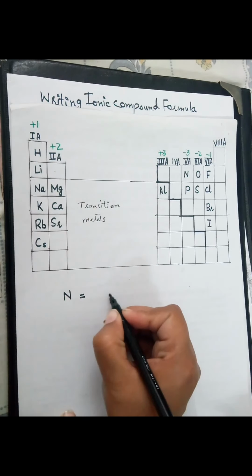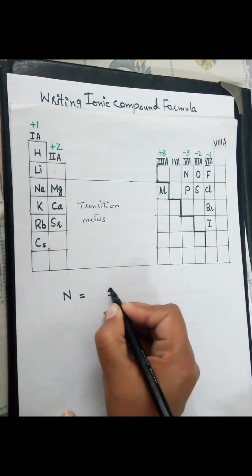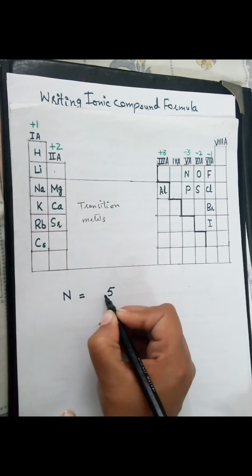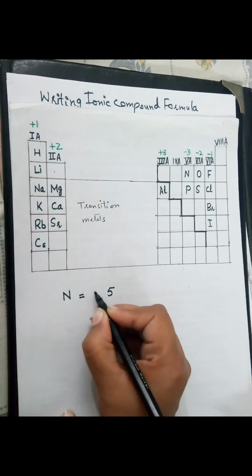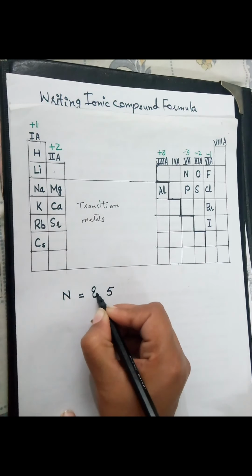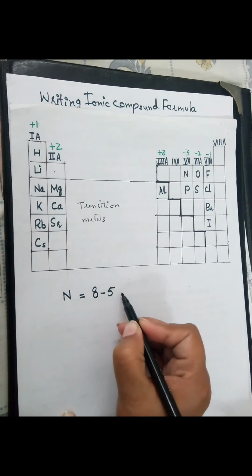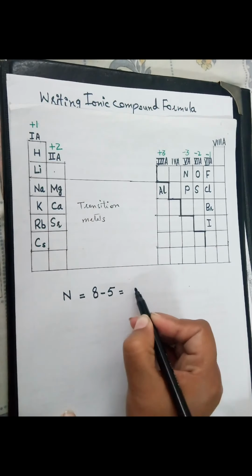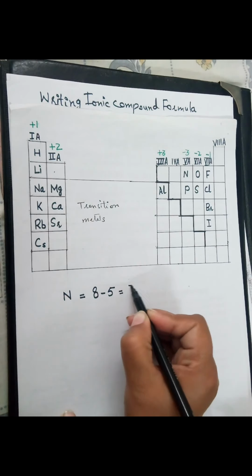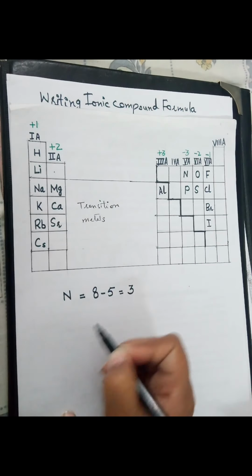The number of the group is 5, and we will subtract the number of the group from 8. Okay, 8 minus 5 is equal to 3.